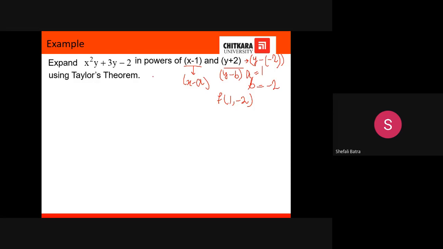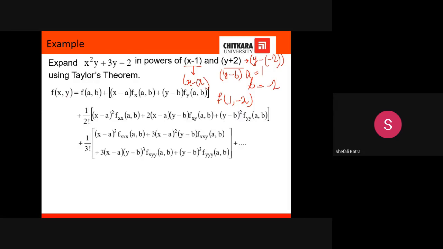So let us have first which formula we are using. This is the formula: f of x comma y equals f of a b plus (x minus a) f_x at point a comma b plus (y minus b) f_y at a comma b. Similarly, for second term, that is 1 by 2 factorial, (x minus a) whole square, second order derivative with respect to x, 2 (x minus a)(y minus b), one with x and other with y, plus (y minus b) square f_yy at a comma b.